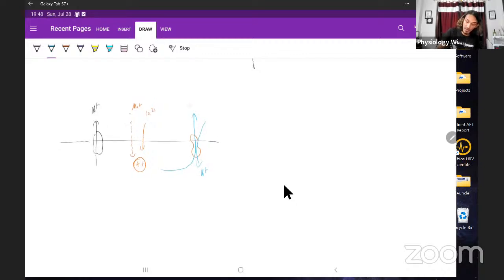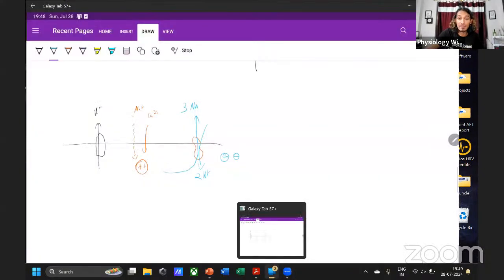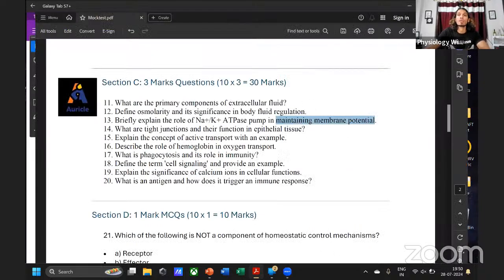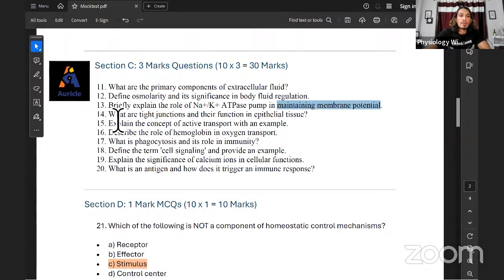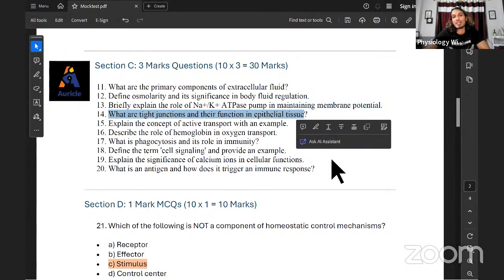And it's not the same because this is 3 and this is 2. So net effect is less positively charged ions inside. So this is one way by which your sodium potassium ATPase helps maintain your membrane potential.